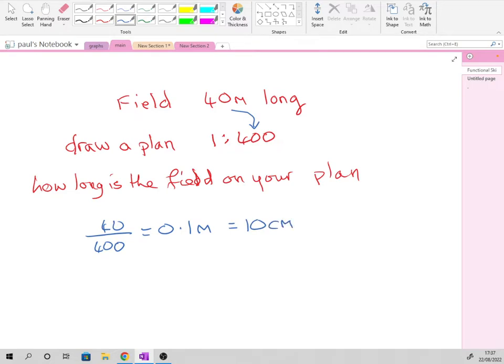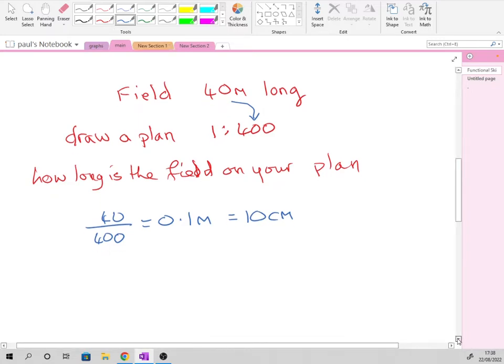So the length of the field on your plan will be 10 centimeters long, and that will represent a field using a scale of 1 to 400 that is 40 meters long. So there's sort of going backwards and forwards between scales.